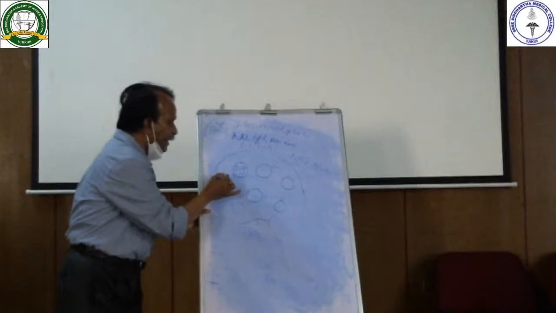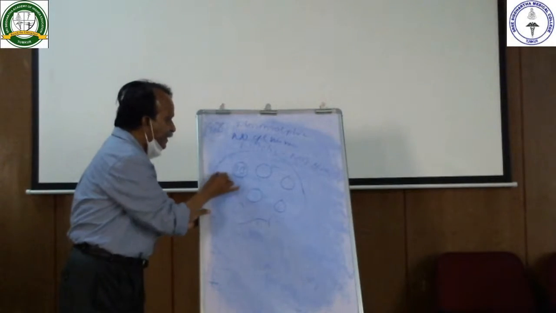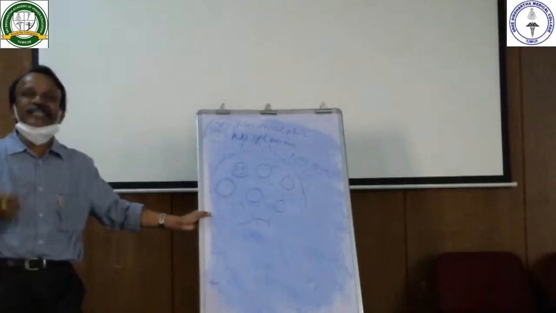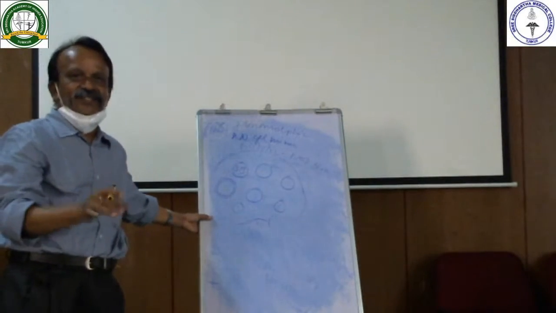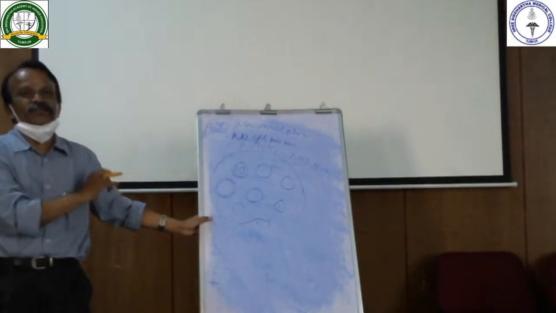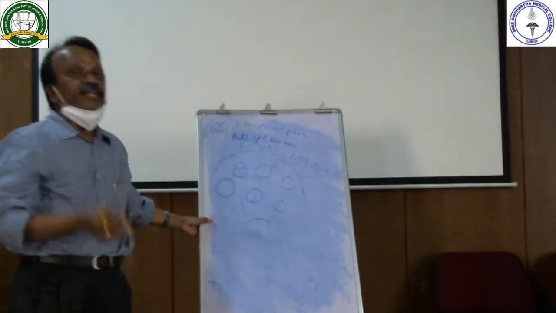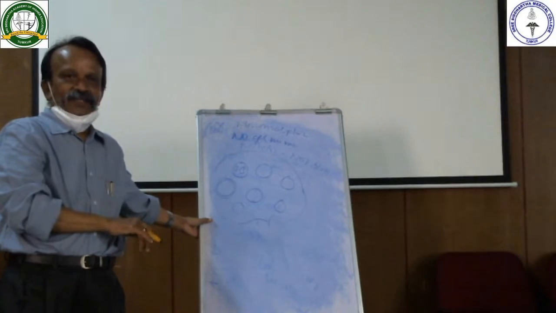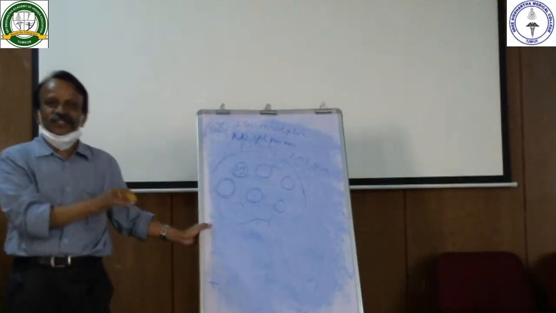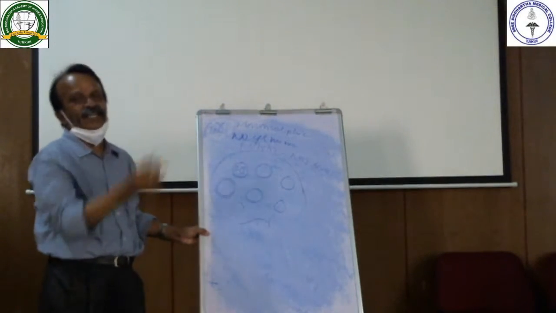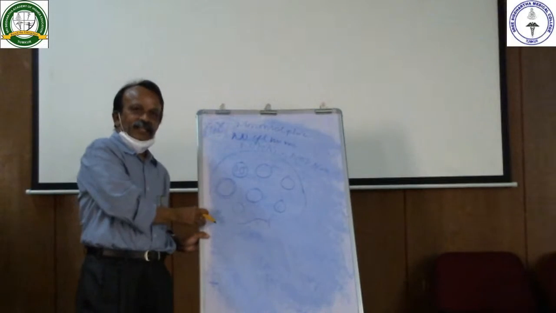And surrounding the individual follicles, there is a clear space, a clear demarcation of the follicles is seen in this follicular lymphoma. So this has to be differentiated from follicular reactive hyperplasia. I think I have told you in the last class how to differentiate follicular reactive hyperplasia from follicular lymphoma.